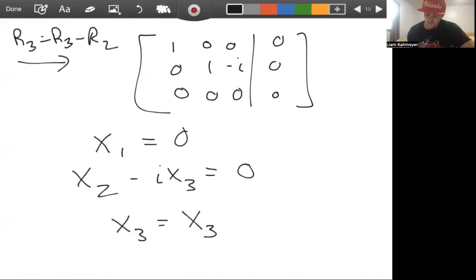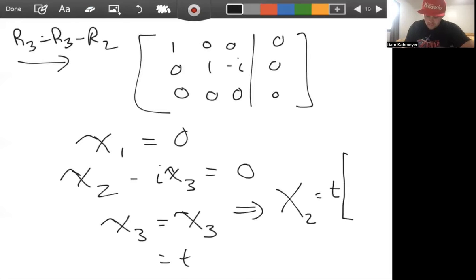Well, what does this mean for the eigenvectors? This is capital X2 now, so these are the variables or components of X2. This means we have a free variable, let's call it t, and that will be t times 0.